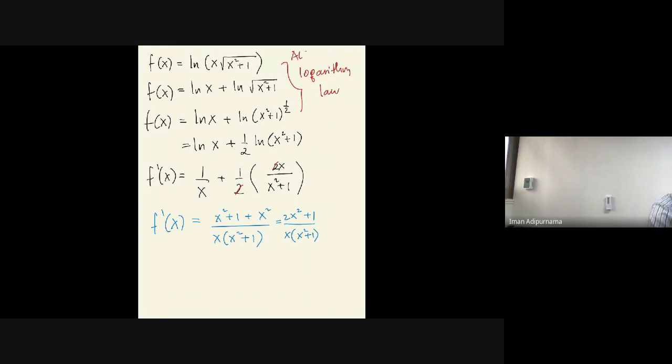So this is still the algebra. So you rewrite the form, and then to differentiate, this is just calculus, dy dx. So you can directly differentiate, or you can use some algebraic way to rewrite the form until you get the easiest way to solve. But it depends on you. Which way you prefer, it's up to you.